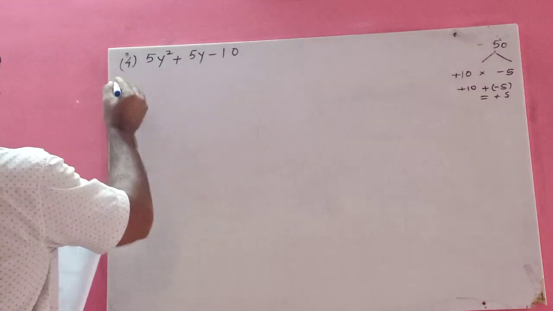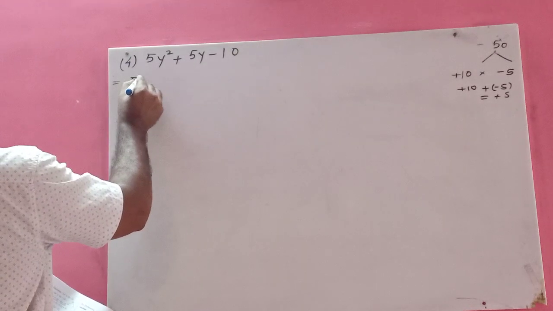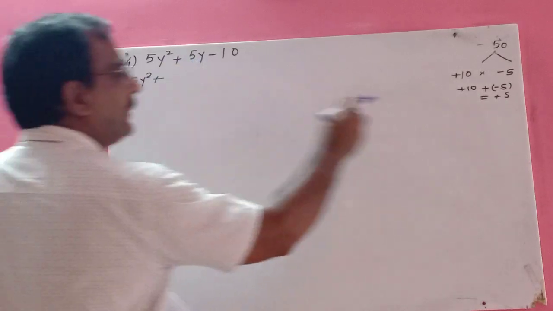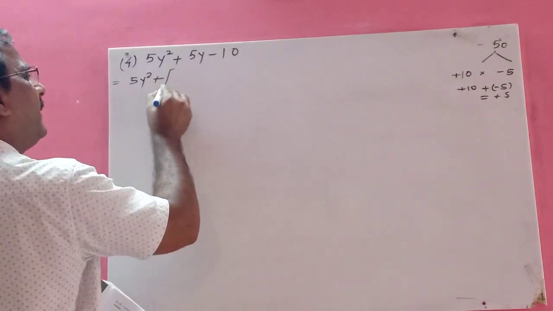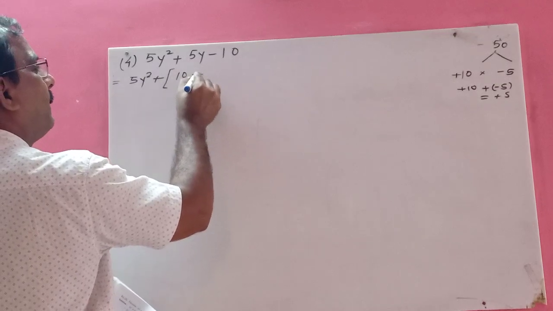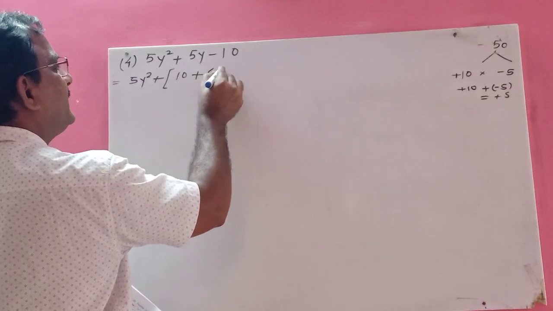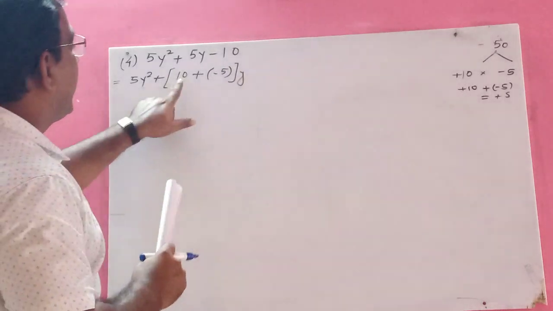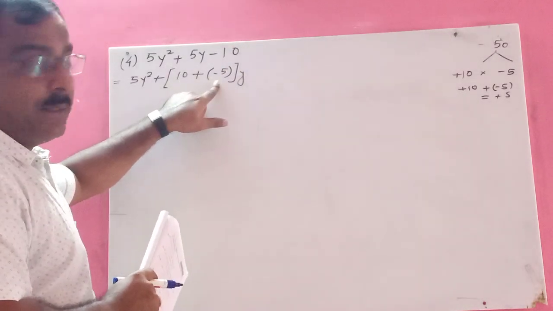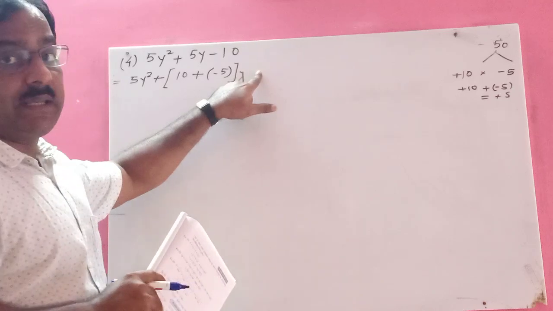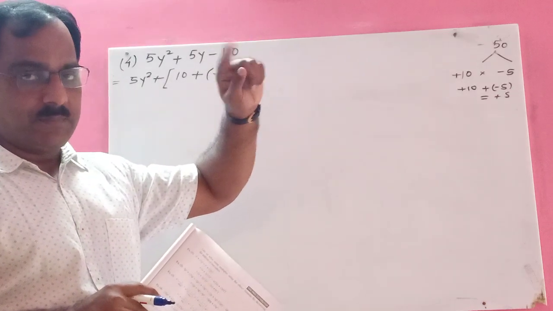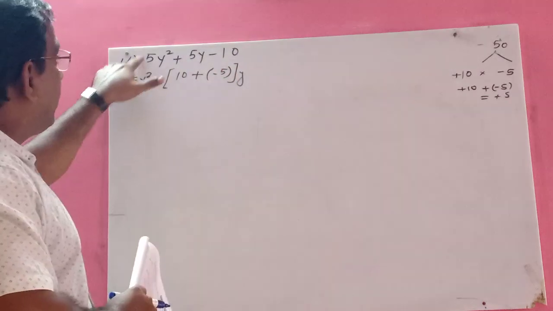Okay. So you write it down this way. 5y square plus, this 5y I am writing in a bracket as 10 plus minus 5. So this is my A and this is my B. But here I will not write A into B like I did in the first three sums. Got it? Because I am multiplying this with this.